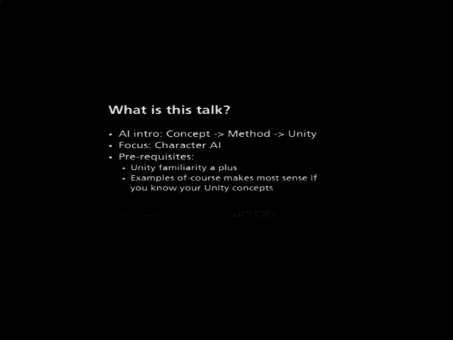So knowing Unity is a plus, especially with the examples, but most of the talk will be more about concepts and methods. So let's start off with what AI is. Pretty broad question, but given that I'm focusing on character AI, we should be able to manage this.